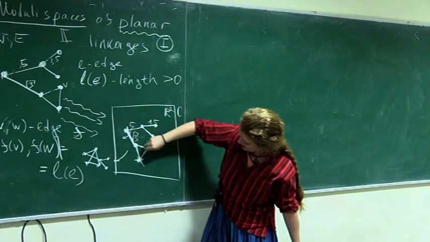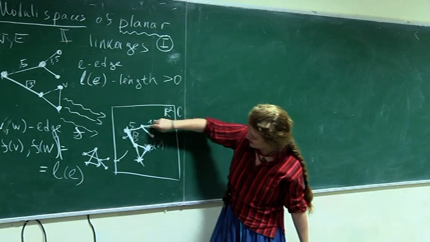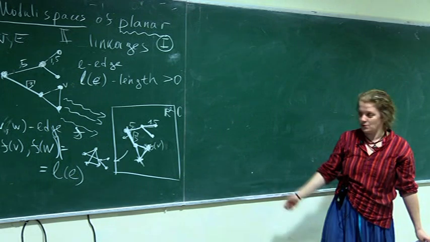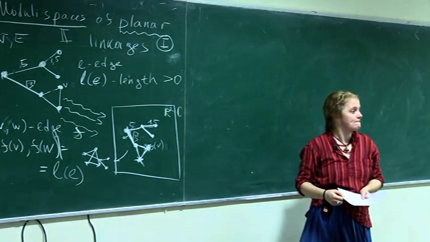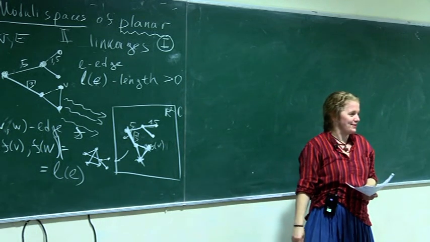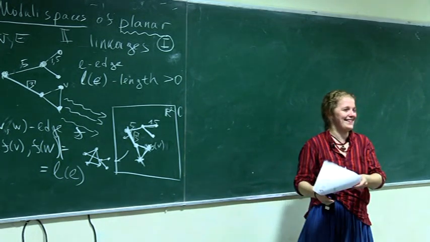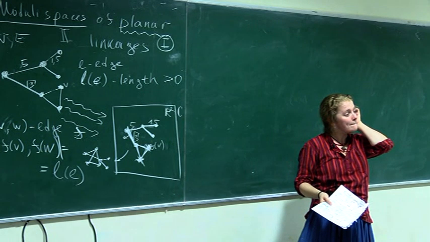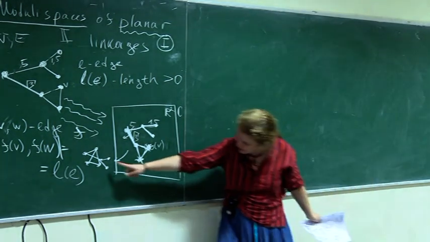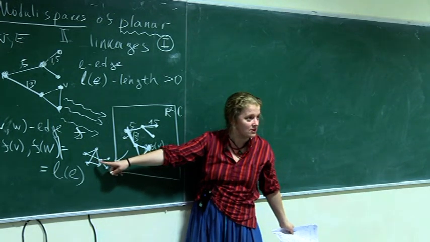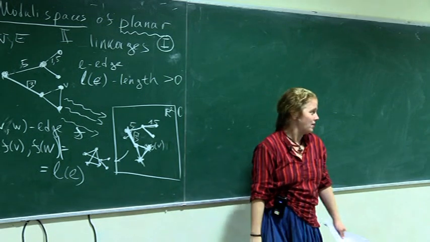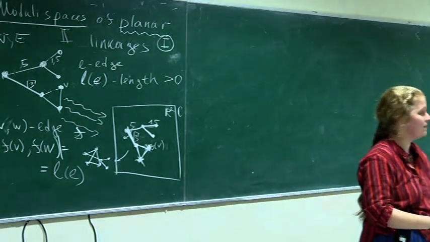This is the linkage construction. We are not interested in a metric on the graph. You see here, it can intersect itself. We let it intersect itself.